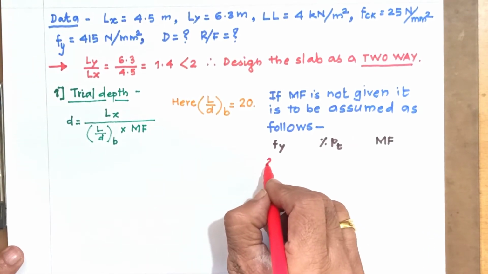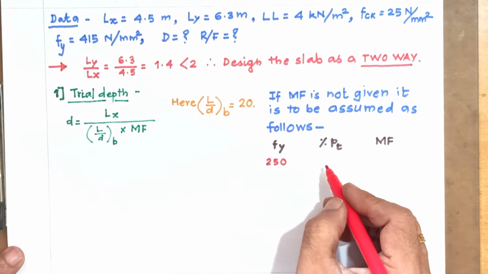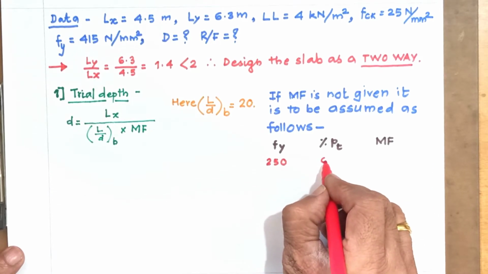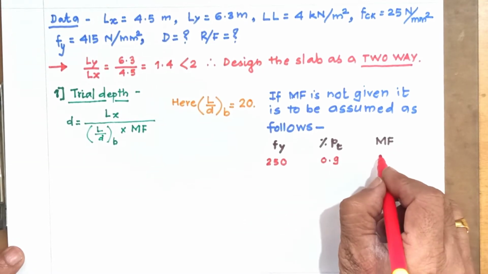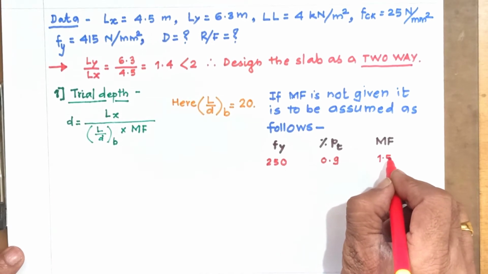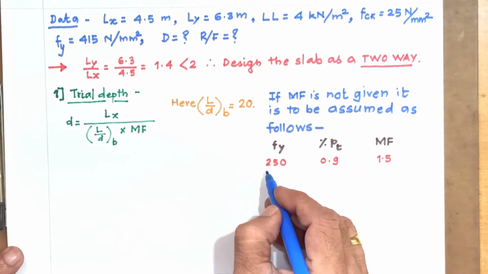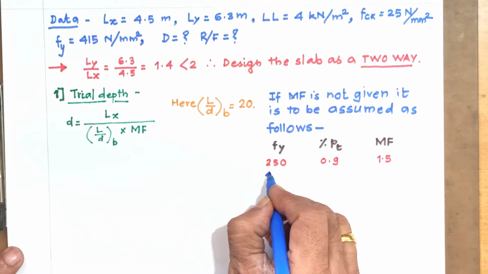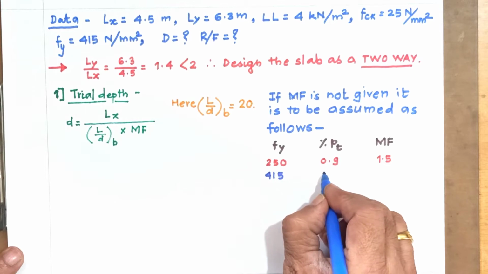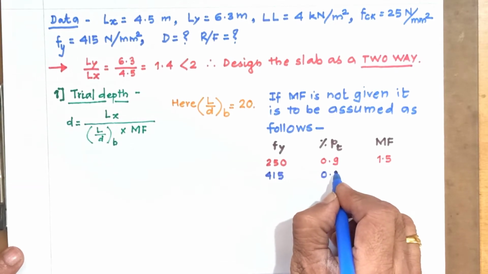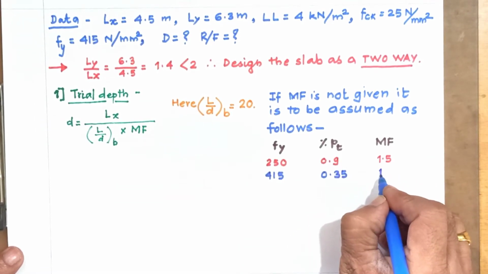So for Fe250, that is mild steel, percentage pt is to be assumed around 0.9, and for that purpose modification factor is 1.5. If it is Fe415, percentage pt is to be assumed as 0.35 and MF is to be assumed as 1.4.